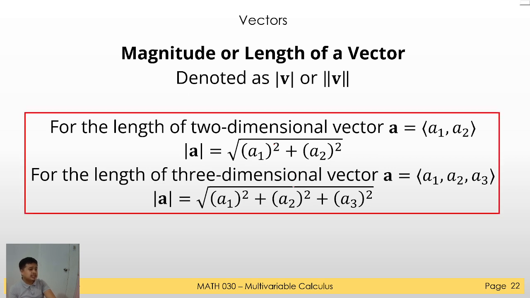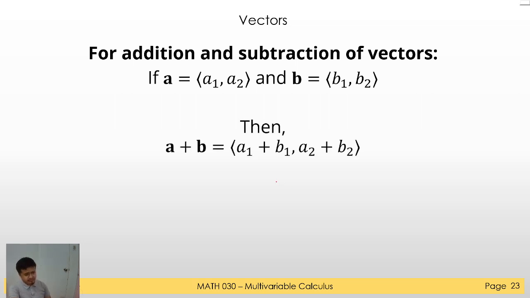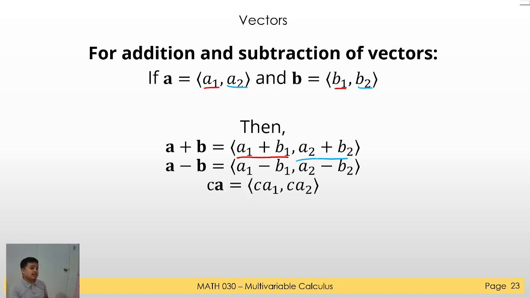For addition and subtraction of vectors, we can add A and B by adding them entry-wise. So we have A1 plus B1, A2 plus B2. It's that simple. We already know this in our linear algebra.